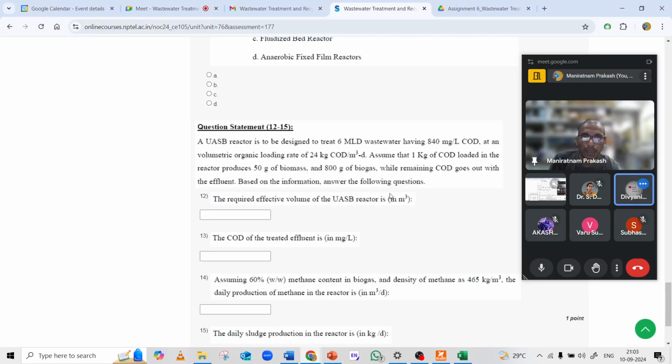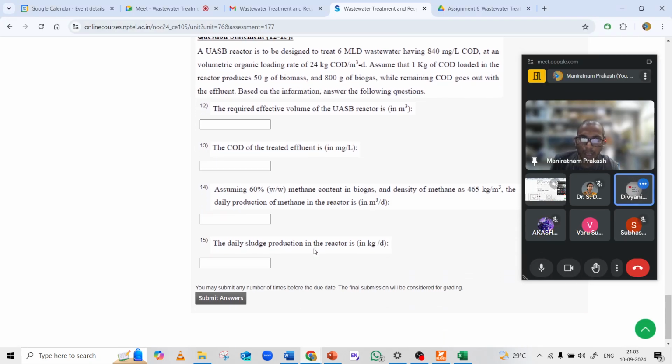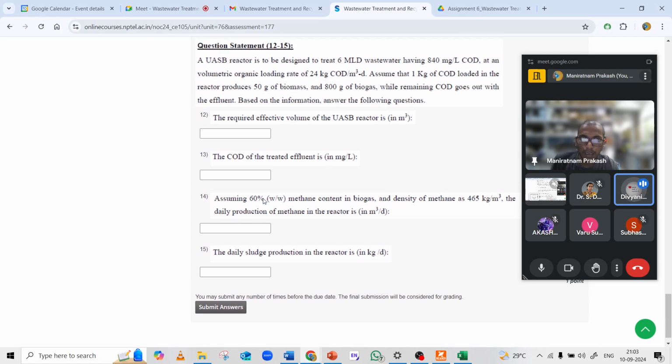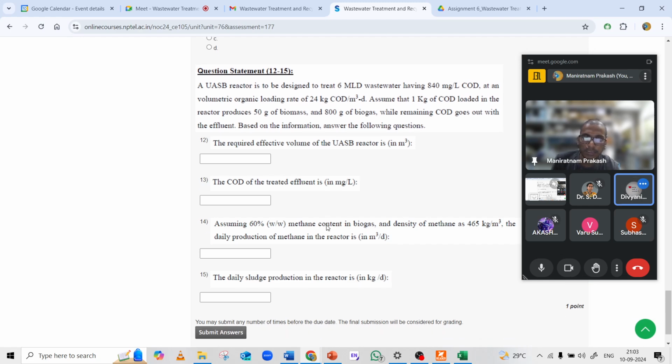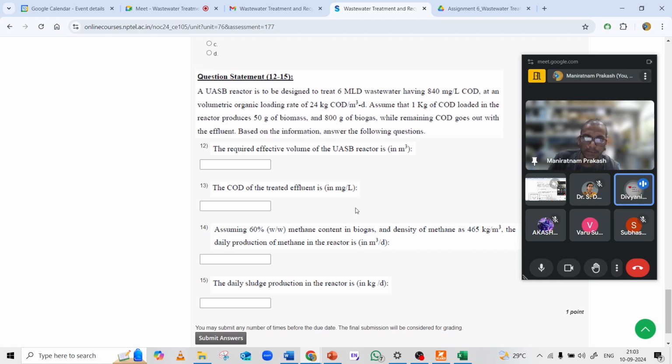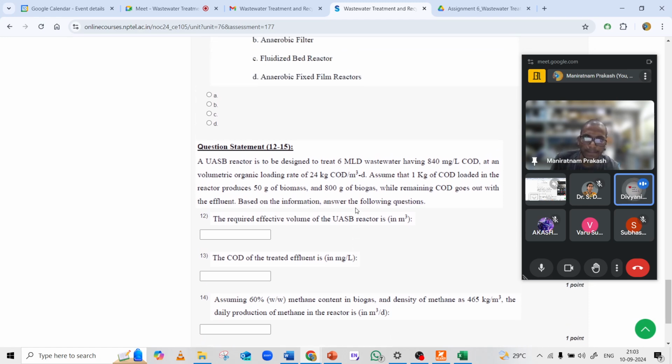Okay, I will do it again, and then I will answer again. I solved this question, but I think I missed something. I wrote this question and solved it in my notebook, and I can't understand the 1 kg and biomass and biogas requirement and how to calculate the COD.